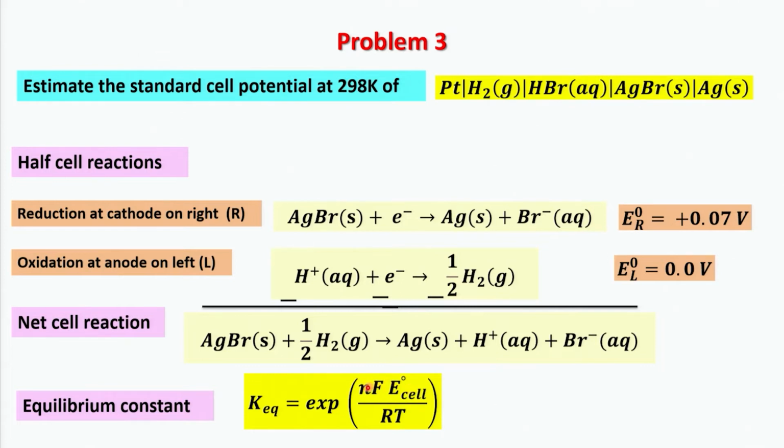N in this case is equal to 1, and knowing the Faraday constant and the universal gas constant, and since we are working at a temperature of 298 Kelvin, I can find K equilibrium. You will also be able to write down the equilibrium constant in terms of the activity of H plus ion in the aqueous medium multiplied by the activity of bromide ion in the aqueous medium.